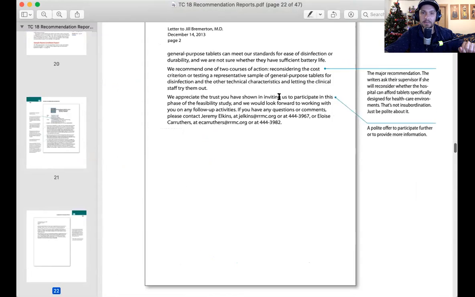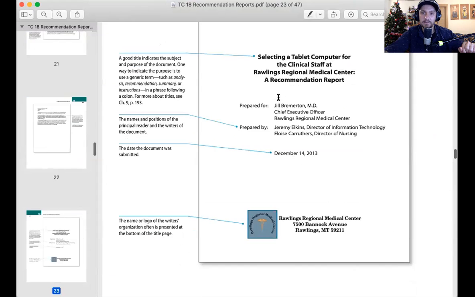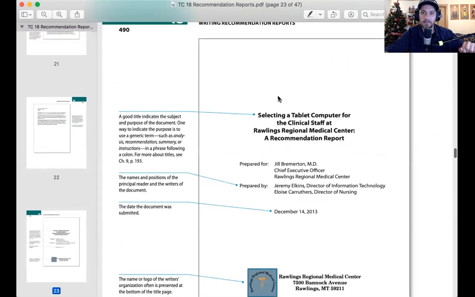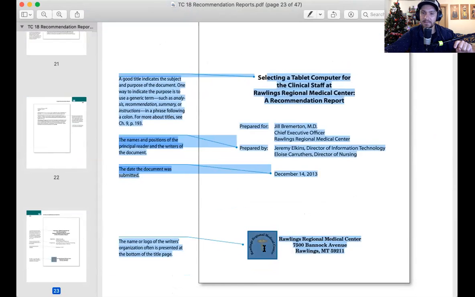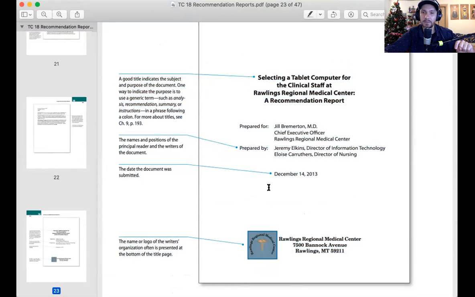Like this here, all right? So this is a good title page for those of you using IEEE. Use this format, all right? We don't necessarily need this, but if you want to come up with something like that, you could. But we need this part right here for sure, okay? This is where you're going to write who it's prepared for, and it's not going to be me, okay?